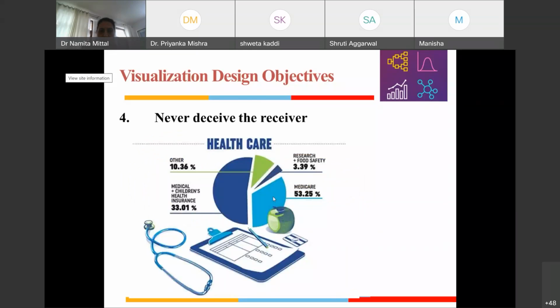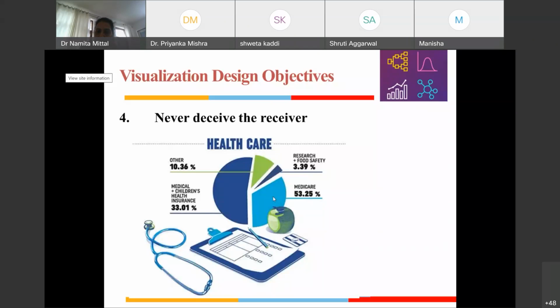So look at this data. Here, the blue slice, the bigger one, how much can you see? From the visual point of view, it is more than 50%. But in data, it is only 33%. That is nothing but deceiving the users, the receivers.